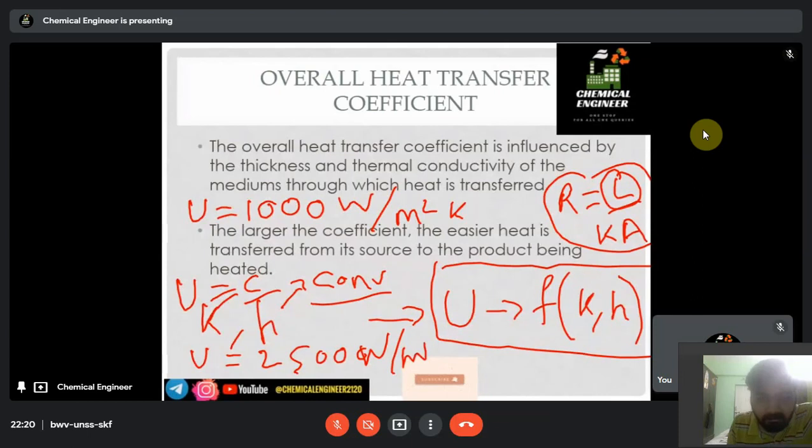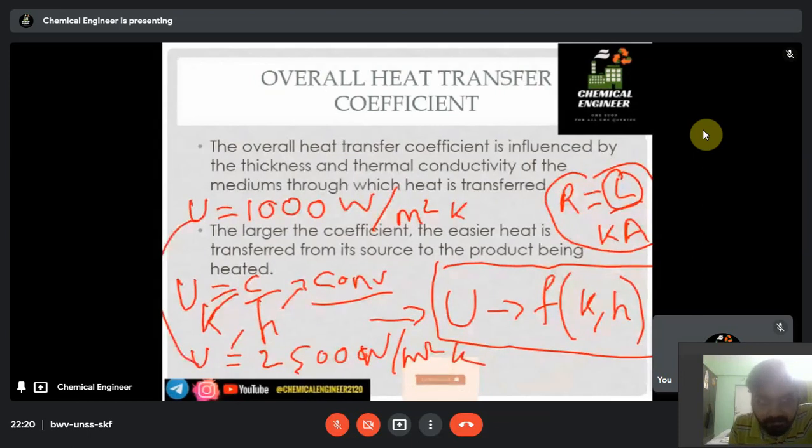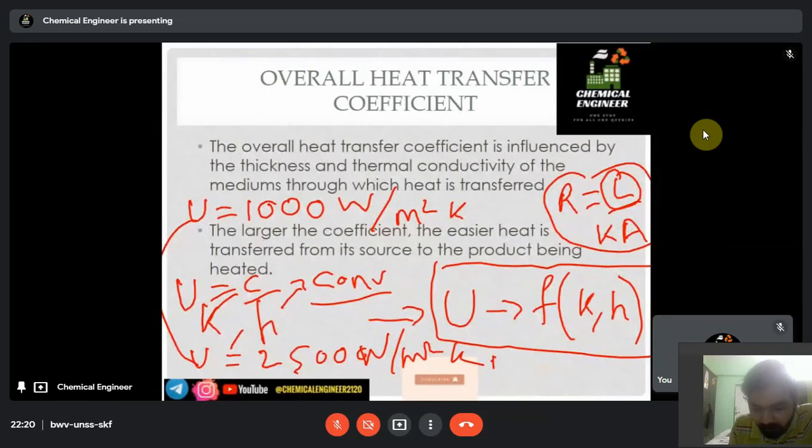Out of these two, the one having the higher overall heat transfer coefficient has the better heat transfer. Hence the values of the heat transfer coefficient directly signify the amount of heat transfer from one place to another.